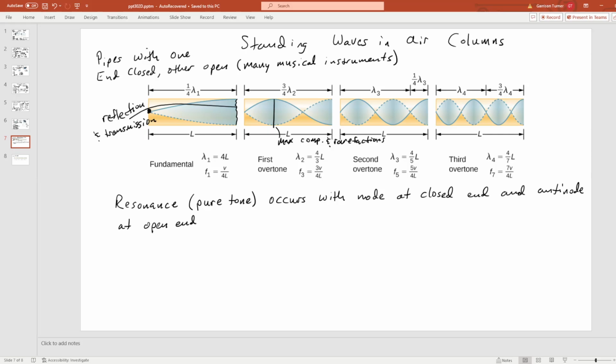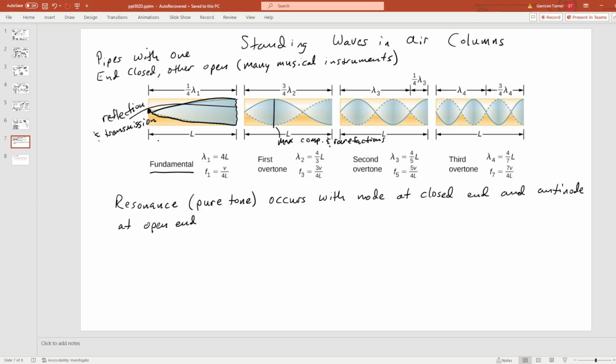Okay? So, when you have a single node and a single antinode, this is what we call the fundamental frequency of your pipe. And therefore, because I go from a node to an antinode, and then that gets reflected back, this is 1/2 of a wavelength.